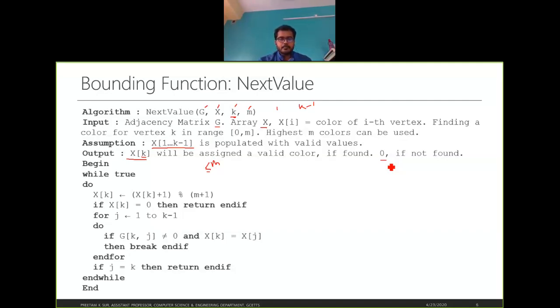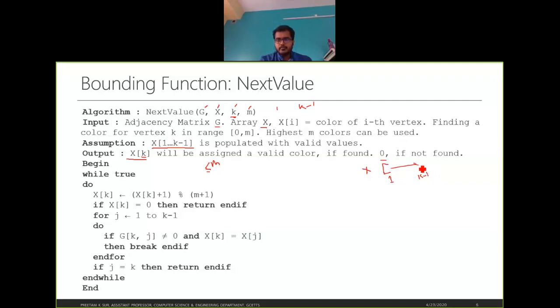So how will it work? Another point is that in the solution vector, from 1 up to k minus 1 is assigned some valid values.